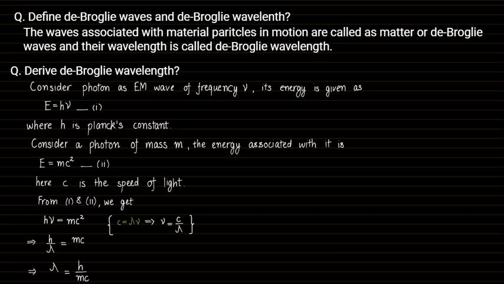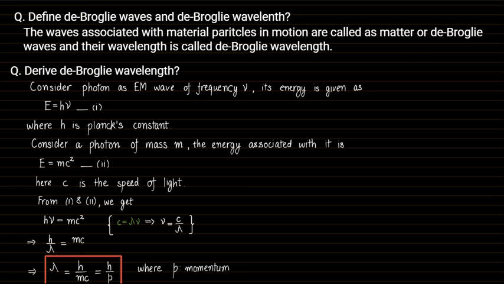Now we know the momentum of a body is defined as the product of mass times velocity. So this mc represents the momentum. Therefore, lambda equals h upon p. This is the de Broglie wave equation.